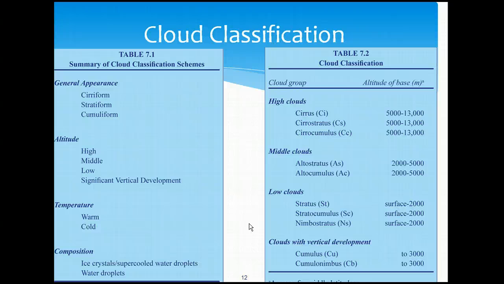High clouds are therefore colder than lower clouds, and vertically developed clouds that surge to great altitudes, such as thunderstorms or cumulonimbus clouds, may be warm near the base but are generally very cold aloft.